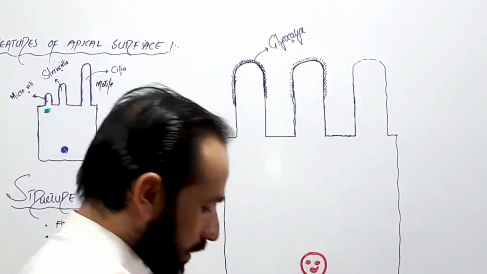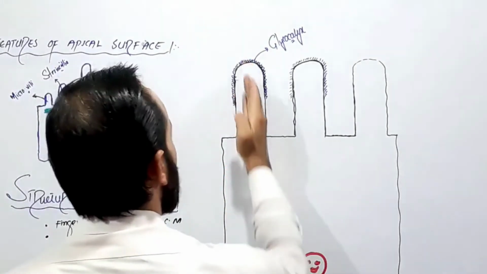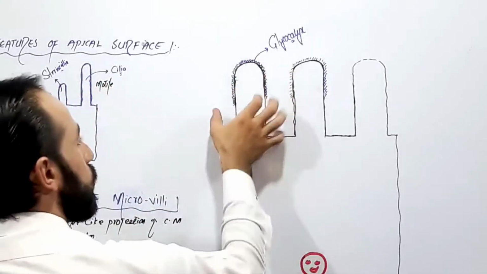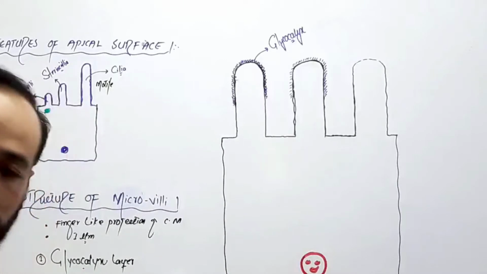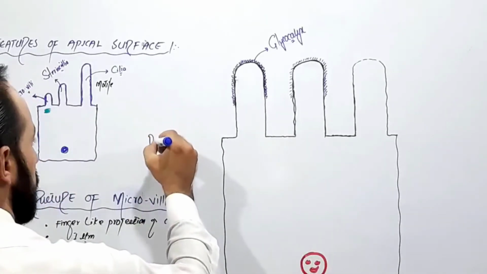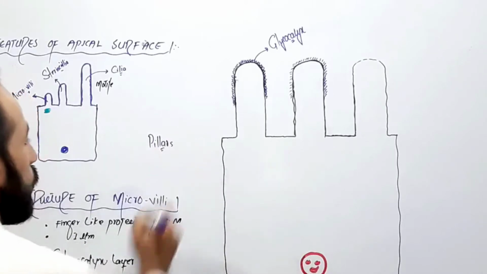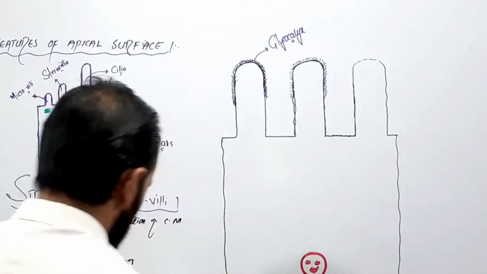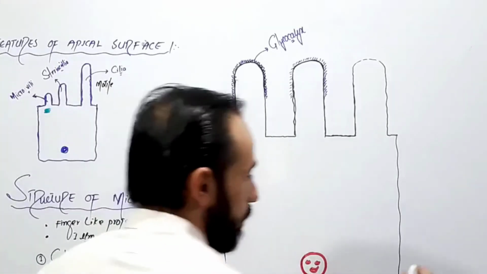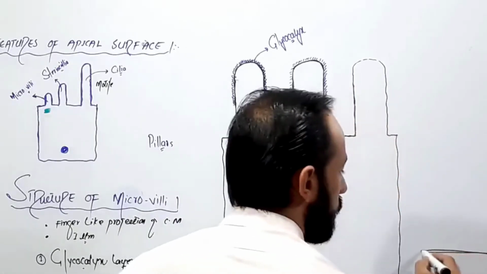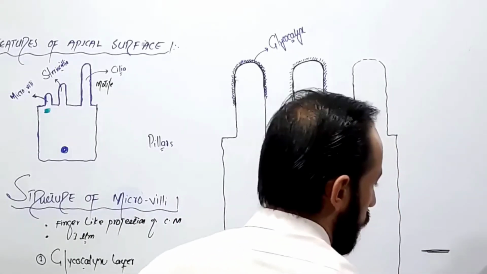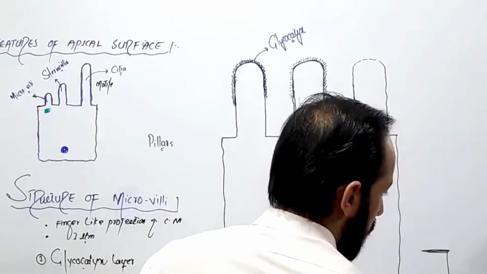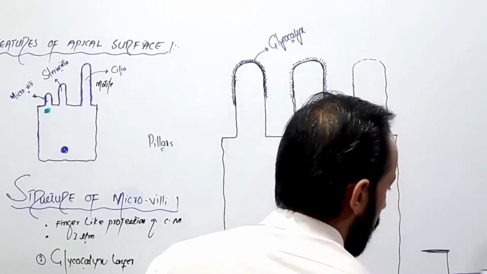The next important thing is that there should be certain proteins which go up and keep these microvilli firmly in their position, right? You know, there are pillars. When you are making a pillar, look carefully. First I will draw a very simplified structure of a pillar. This is the ground. We dig the ground, then we put certain building substances here.